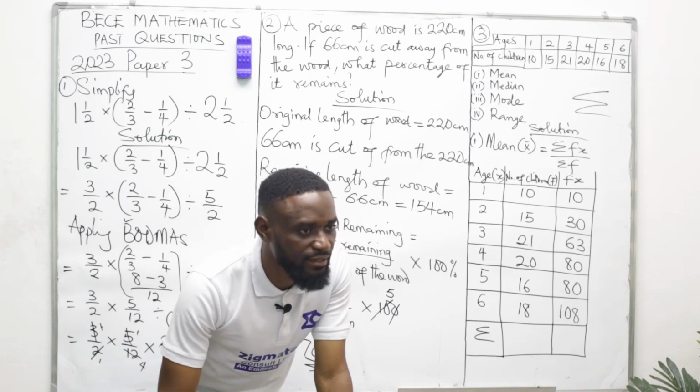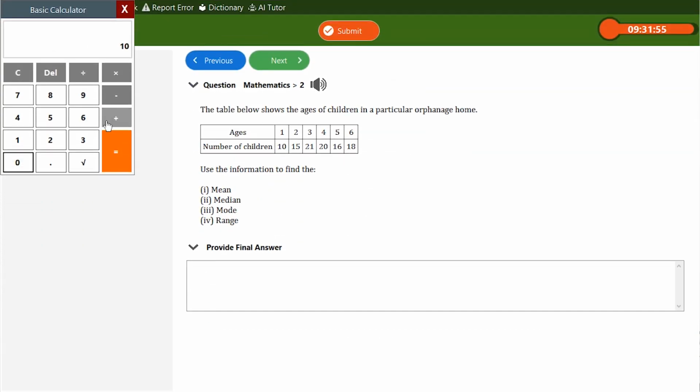So we have 10 plus 15 plus 21 plus 20 plus 16 plus 18.